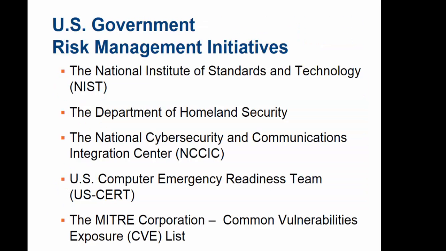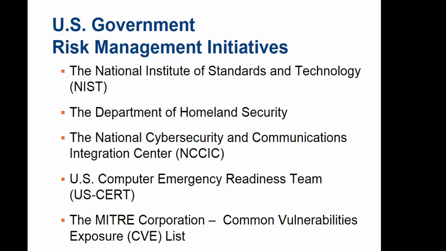And so, basically, the U.S. government risk management initiatives, we talked about this a little bit last week. There's the NIST, Homeland Security, the National Cybersecurity and Communications Integration Center, the NCCIC, the U.S. Computer Emergency Readiness Team, the U.S. CERT. I had to deal with those folks quite a bit. The MITRE Corporation maintains the Common Vulnerabilities and Exposures, CVE list.